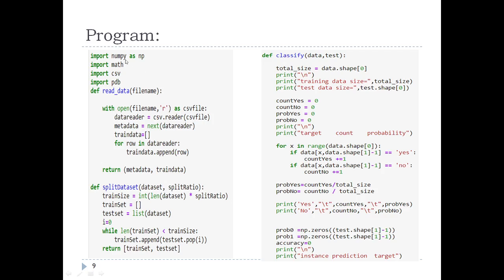So here first we will import the NumPy library. NumPy is an open source numerical Python library. It contains multi-dimensional array and matrix data structures, and it can be utilized to perform a number of mathematical operations on arrays such as trigonometric, statistical and algebraic routines.